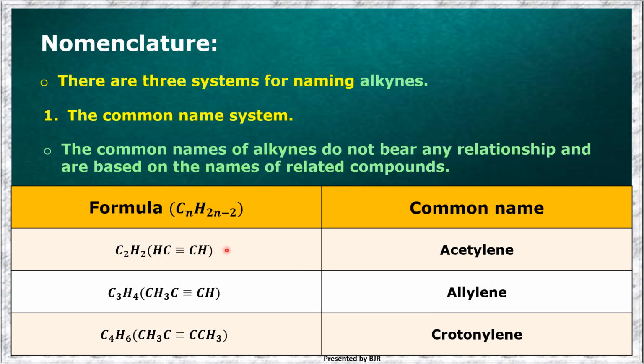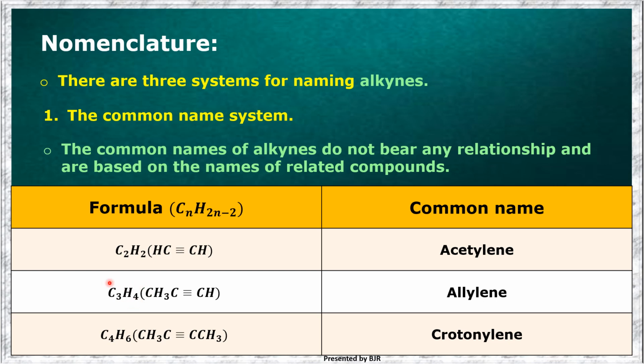Here you can see alkynes form a homologous series. That means each member of the series differs from the previous member by a CH2 unit. If you compare the molecular formulas of these 2 alkynes, there is a CH2 difference.